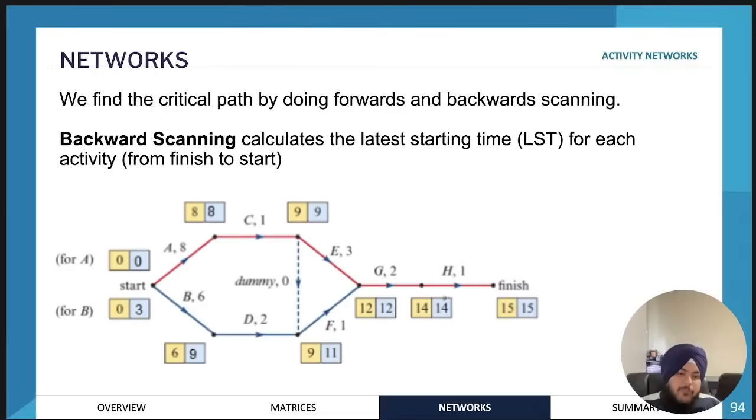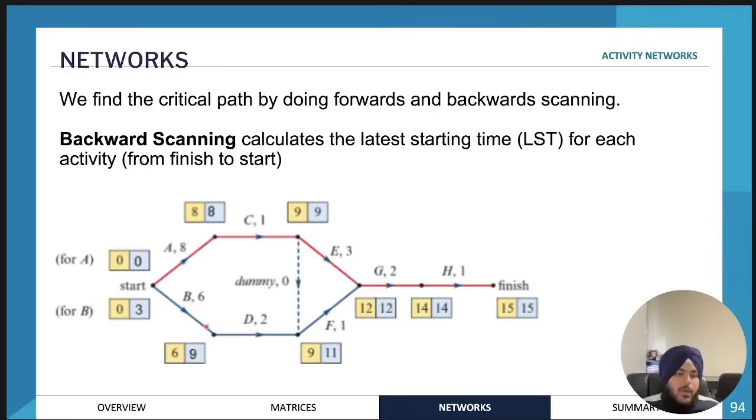However, for activity G, we subtract 2, which gives 12 hours. Activity E, so you go backwards like this. This would be 9, because 12 hours minus 3 is 9. And activity F would be 12 minus 1, which is 11. See how the numbers are a little bit different?